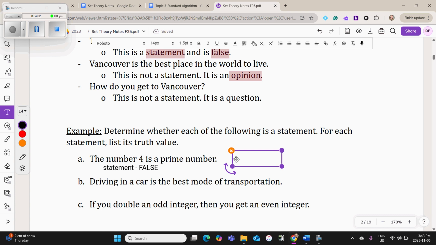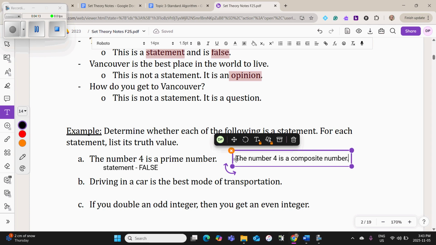So the opposite of this statement, which we will be talking about as well, would be the number 4 is a composite. So composite means it divides by more than 1.